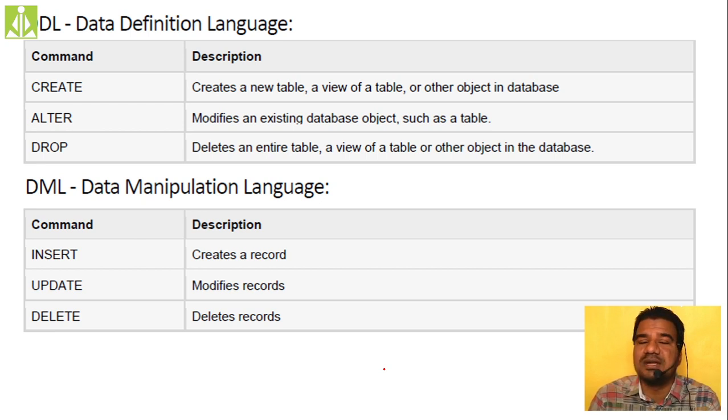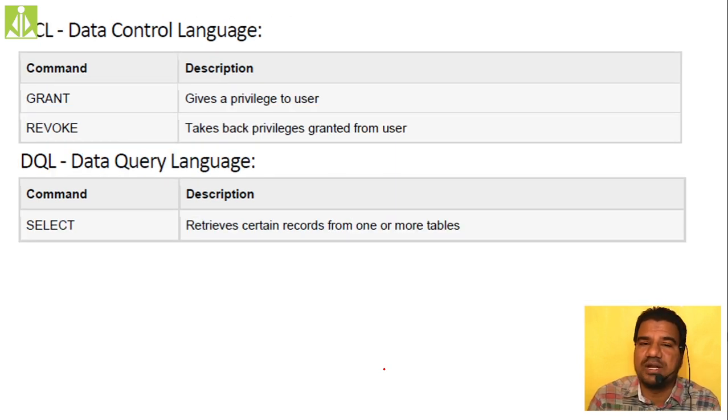Without them, you can't write any command in SQL. So you start with create, alter, drop, insert, update, delete, grant, revoke, and select. Only these are the major commands. We have many other commands, but they are dependent on these standard commands, and very soon we'll discuss all of them.